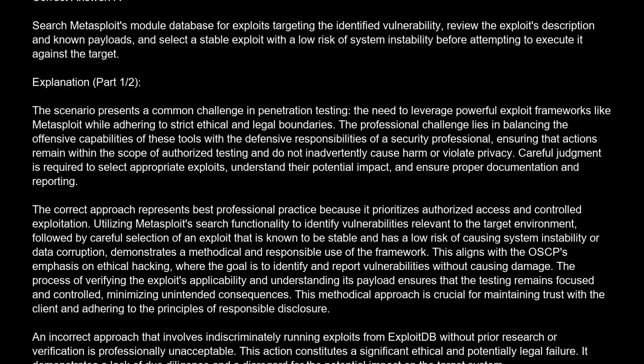The correct approach represents best professional practice because it prioritizes authorized access and controlled exploitation, utilizing Metasploit search functionality to identify vulnerabilities relevant to the target environment, followed by careful selection of an exploit that is known to be stable and has a low risk of causing system instability or data corruption. It demonstrates a methodical and responsible use of the framework.